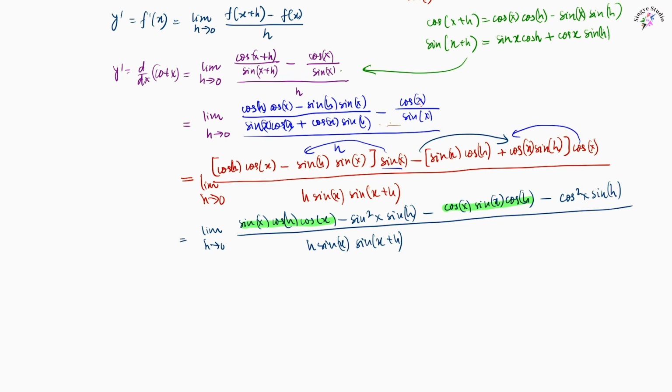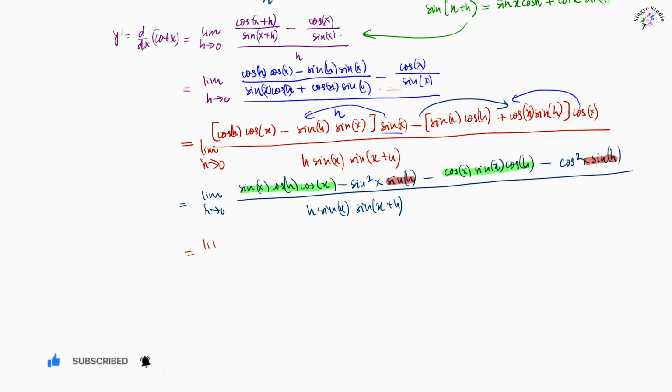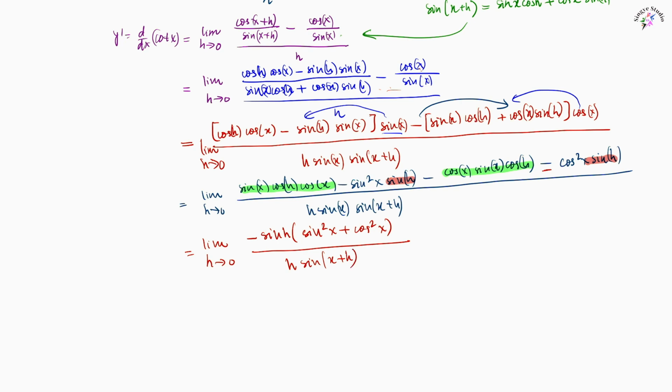And we also have that this sine h and this sine h is common, and by cancelling and grouping the like terms we will have the limit as h approaches 0, this and this will go to 0, so we will have negative sine h as a common term, and we'll have sine square x plus cosine square x, because here is negative, so I have taken negative common, divided by h sine x plus h and sine x.